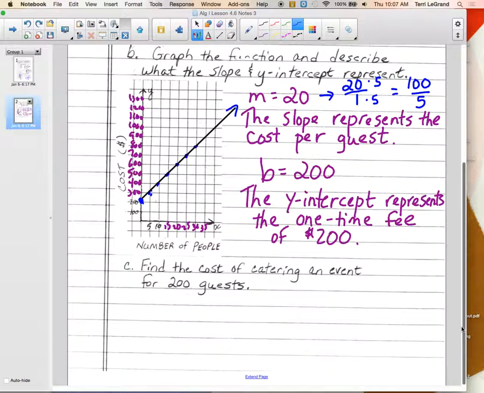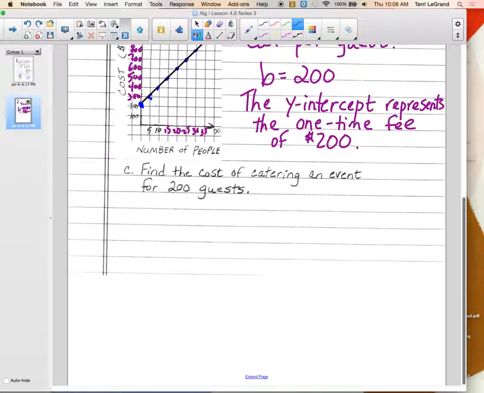So what are we going to have to do instead then? Plug it into the equation. Use our equation that we wrote. y equals 20x plus 200. And 200 guests, is that our x value or our y value? That's our x value.